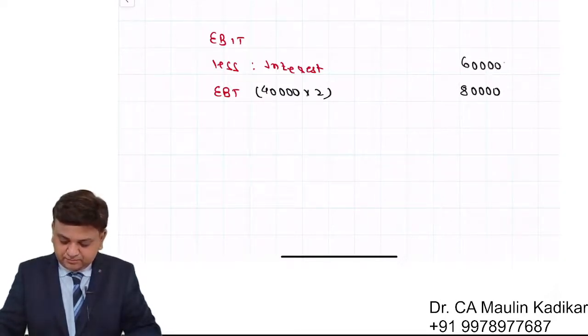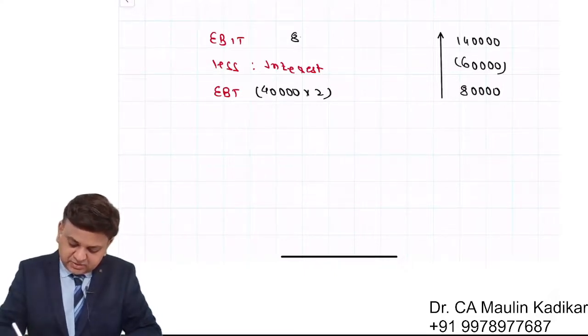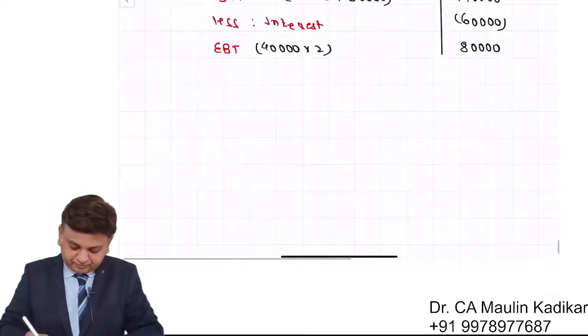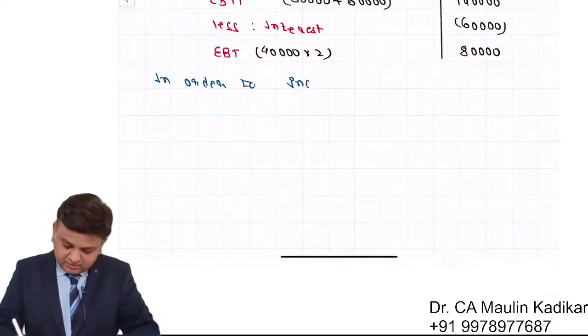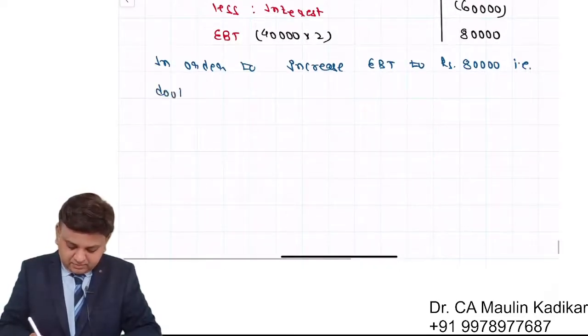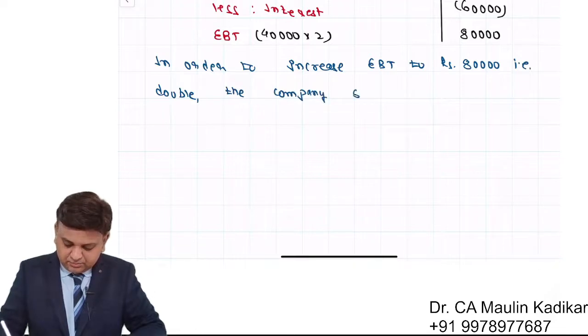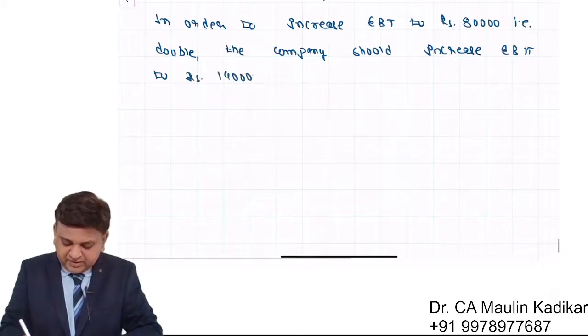The amount of interest is 60,000. So the EBIT should be 1,40,000. That is 80,000 plus 60,000. So we can say something like this: in order to increase EBT to rupees 80,000, that is double, the company should increase EBIT to 1,40,000.